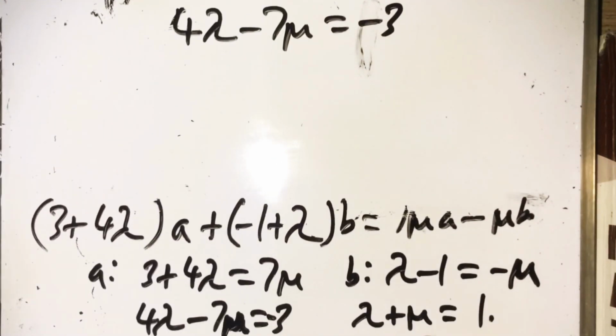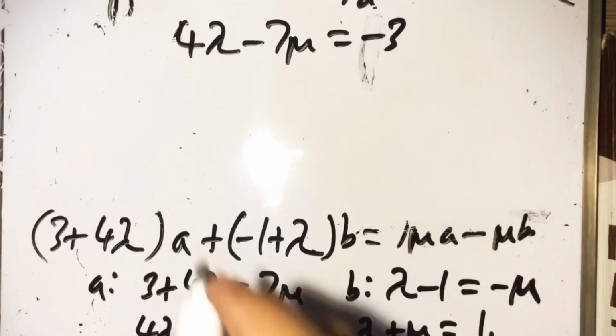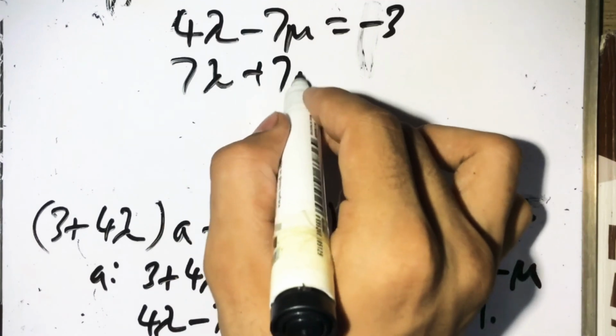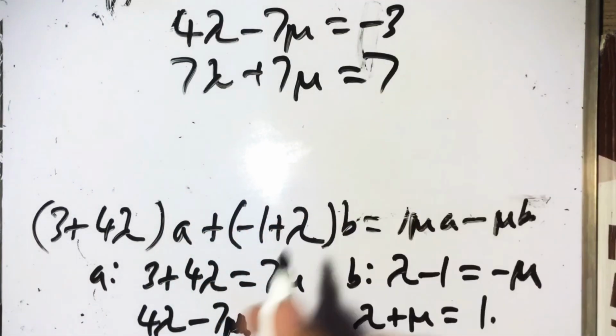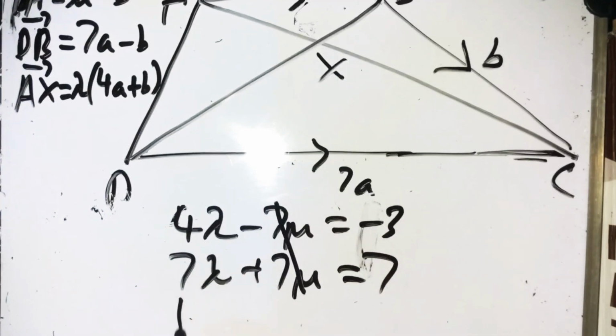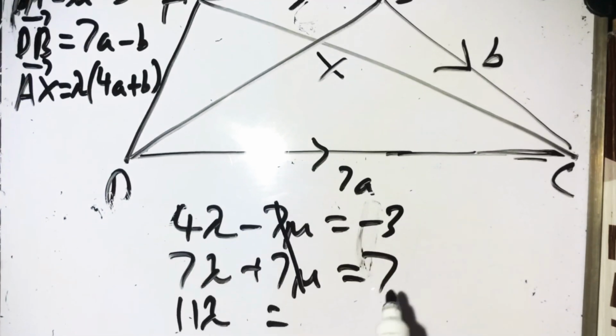Now this one we'll multiply with 7. So 7 lambda plus 7 nu equals 7. Now adding these two equations, the nu terms get cancelled out. We have 11 lambda equals 7 minus 3 is 4. So lambda equals 4 upon 11.